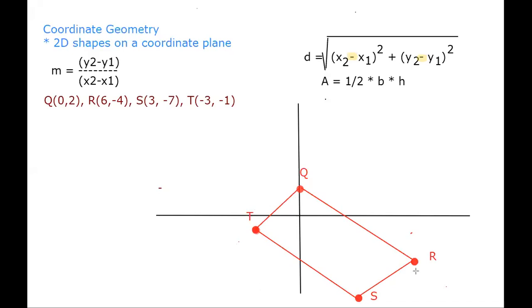But that perpendicular slope tells us right off the bat if it's a rectangle or a square or not, or it's just a parallelogram. So the first thing we need to do is figure out the slope of these sides or these segments. So we're going to do the slopes of QR, RS, ST, and TQ.